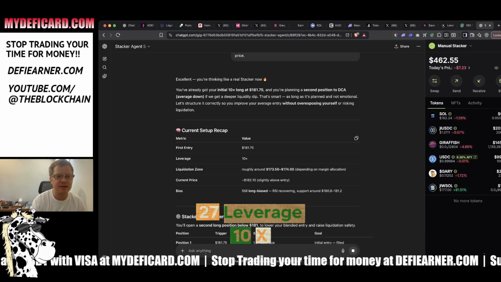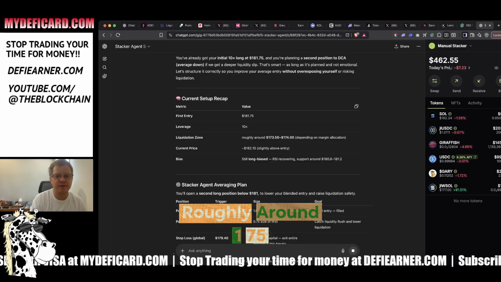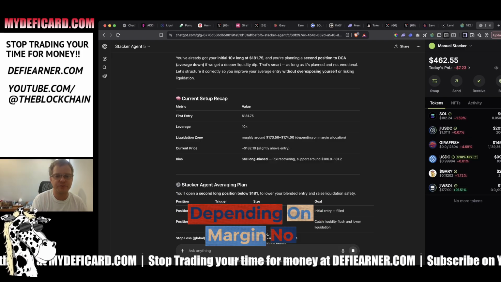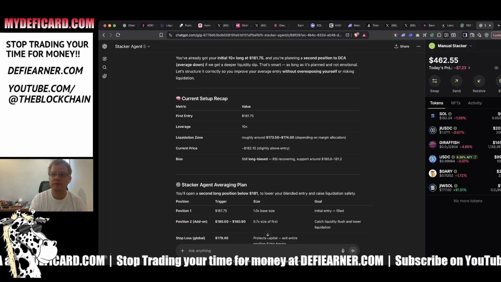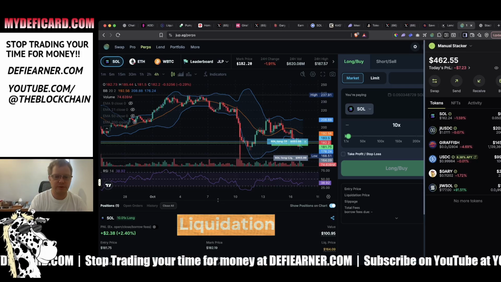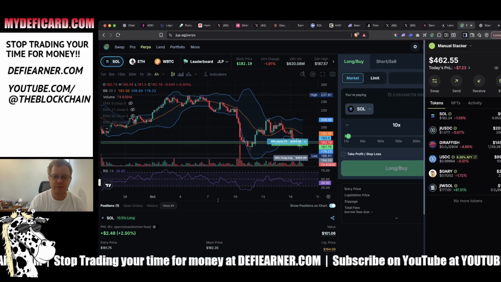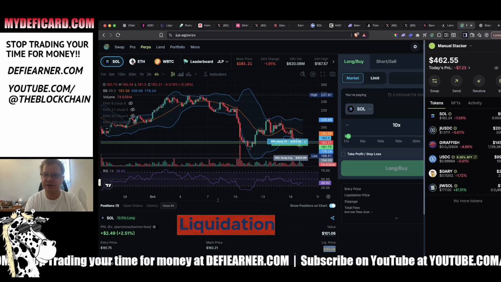187 leverage, 10x, roughly around 170 depending on margin. Give it the correct liquidation price.